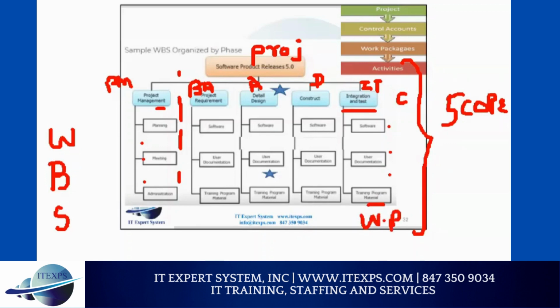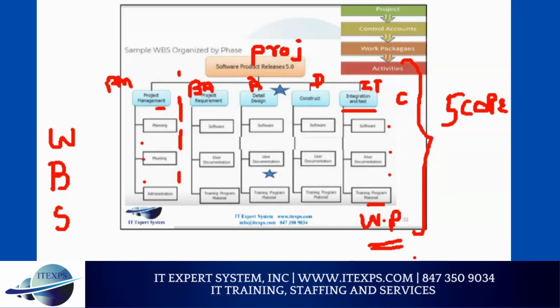People will ask in an interview, what is a work package? A work package is normally a 40 hours work. How many hours of work? 40, or around 40 hours of work. It can be 32 hours, but it may not be 2 hours of work. Package means a collection of work.